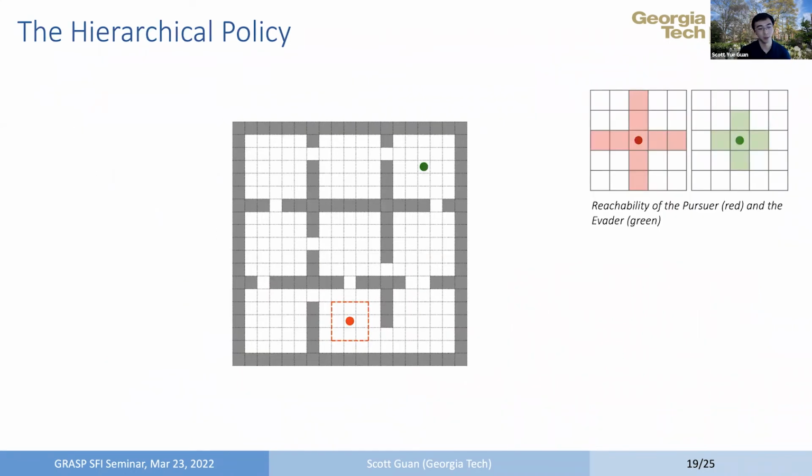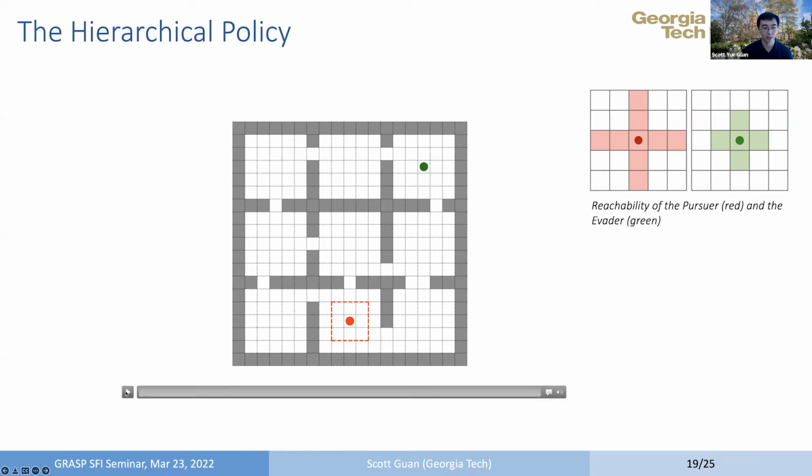Now, finally, we can present a trajectory or an animation of the execution of the hierarchical policy. So in this pursuit-evasion game, we give the pursuer a slightly faster speed and the evader a slower speed. How they can move is basically depicted in this reachability set here.